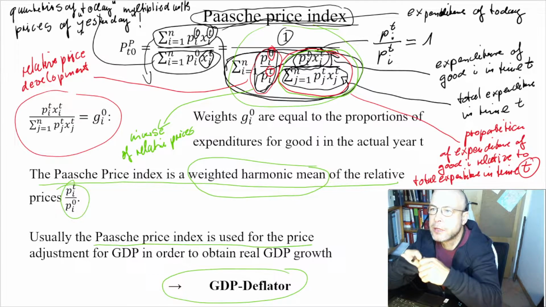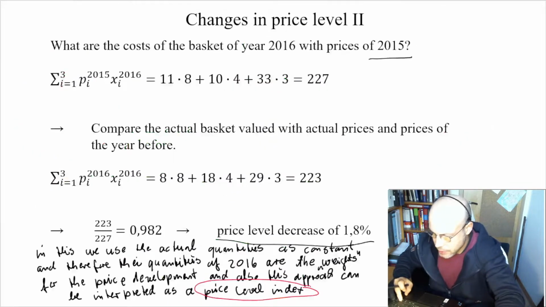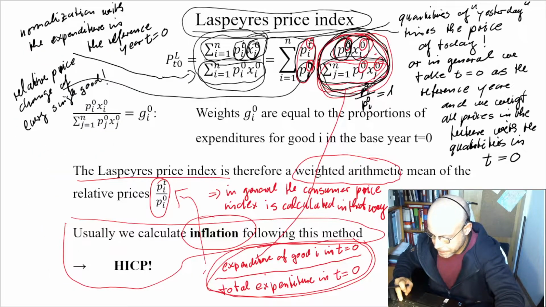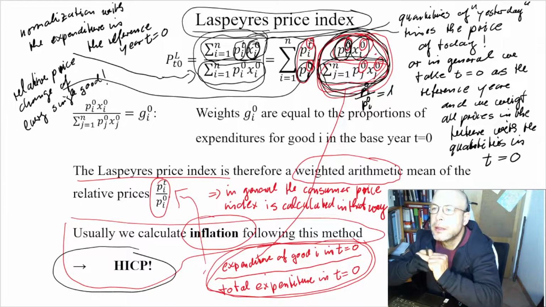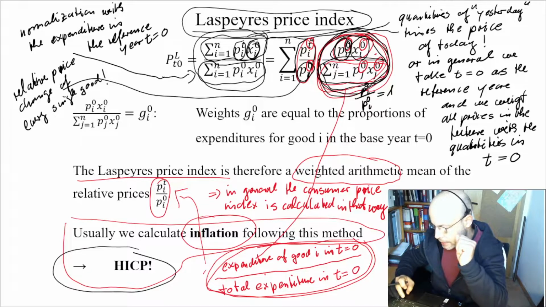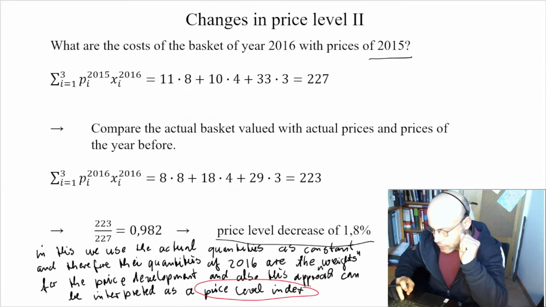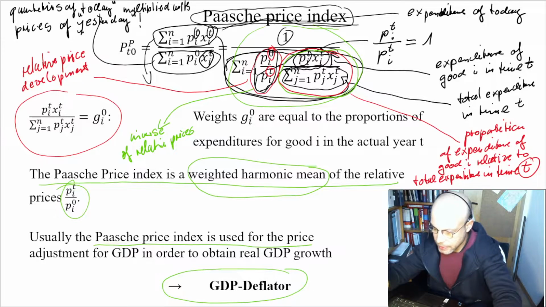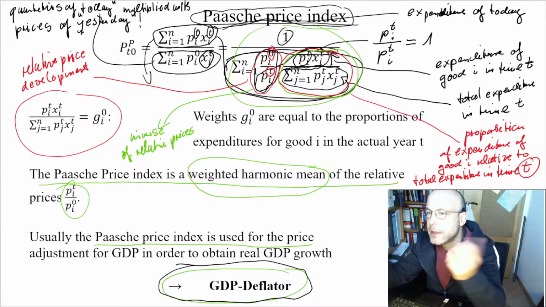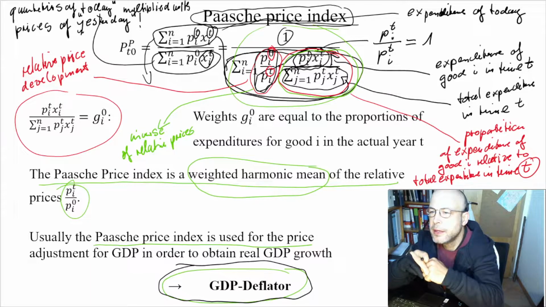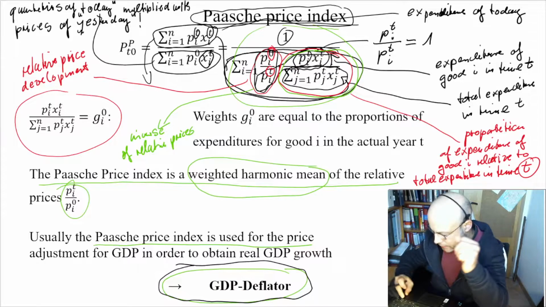And actually in economics we use both, because the Laspeyres index is mainly used when we calculate the consumer price index, while we use a Paasche index when we calculate the wholesale prices in an economy, and this we call the GDP deflator.